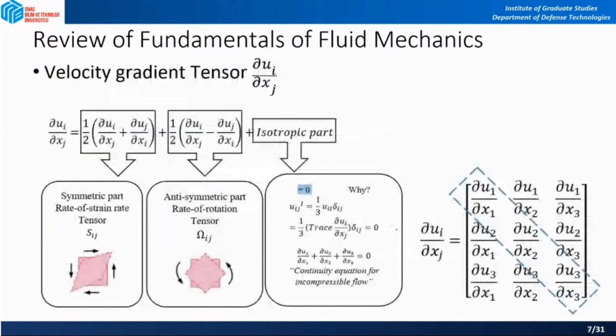Now, let's apply these mathematics to physics. All these properties of second order tensors that we've seen so far, like decomposition, isotropic, symmetric, and anti-symmetric part, what do we get when we apply all of these to the velocity gradient tensor, for example?